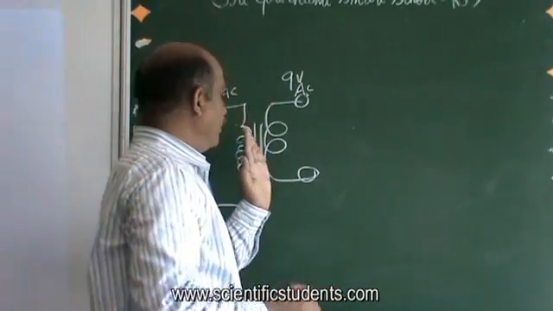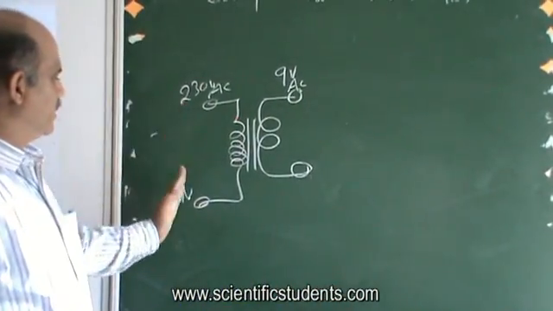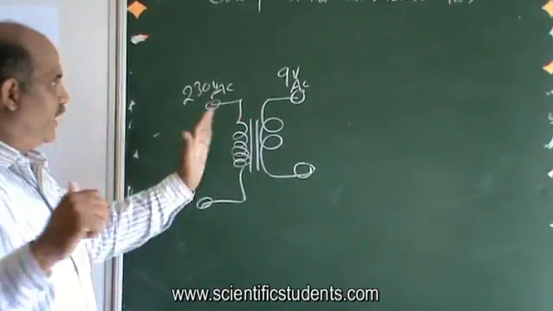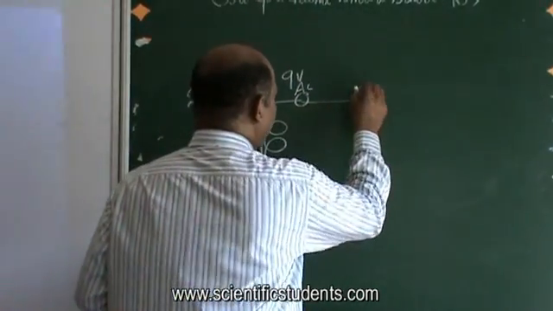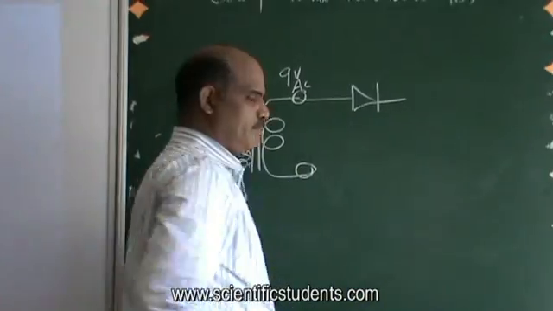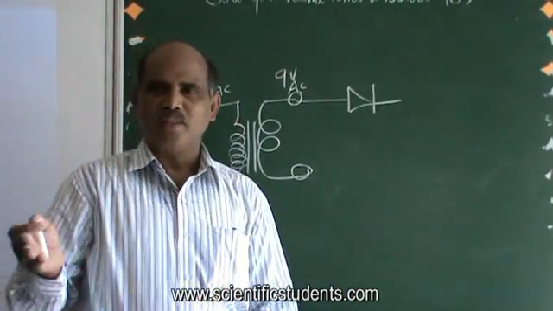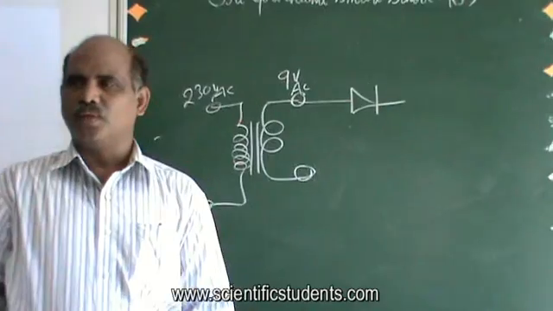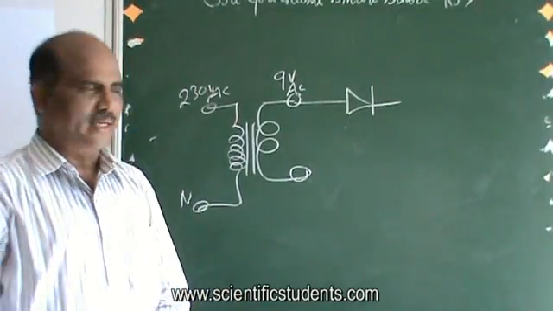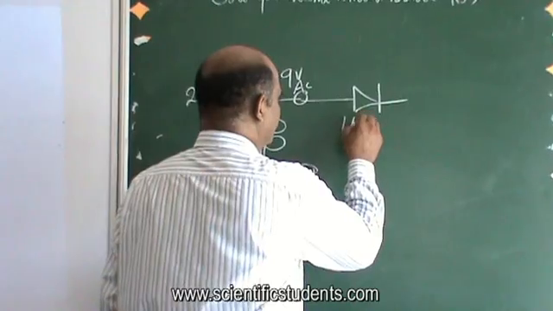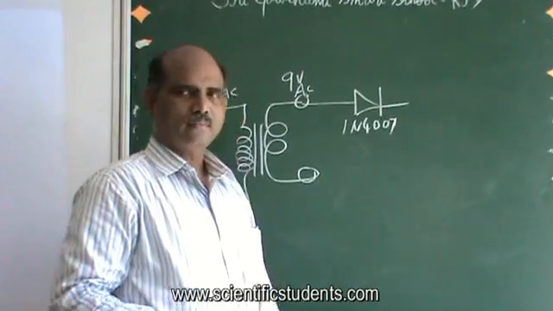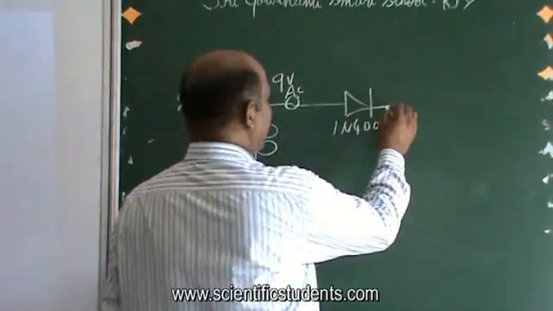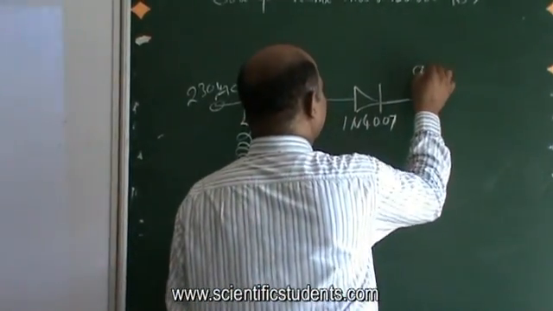Now, the moment you switch on your line and neutral, 220 volts here, you get AC 9 volts here. Now, if I have a diode here, one simple diode, like in the third project, what I gave, the black one, a 4003 or 4007, whatever, okay? If you use that silicon diode, that's it. After that, here this is 9 volts DC.